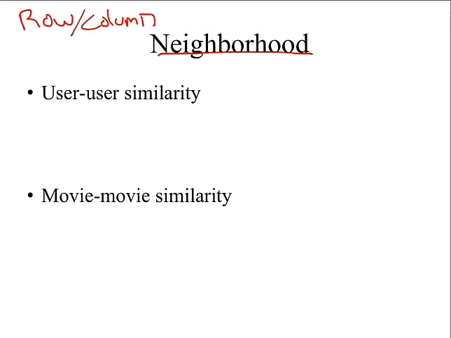And that can also help us if we can draw some correlation between users or correlations between movies to help predict those missing values. So for instance, if we look at user-user similarity, if we take two users, maybe Anna and Ben, so maybe Anna and Ben tend to like the same movies.